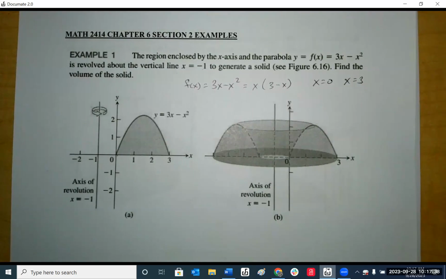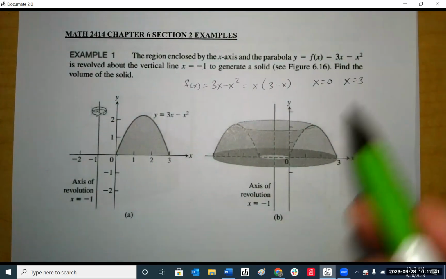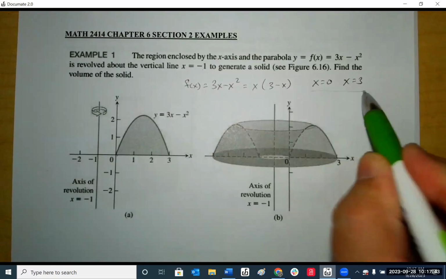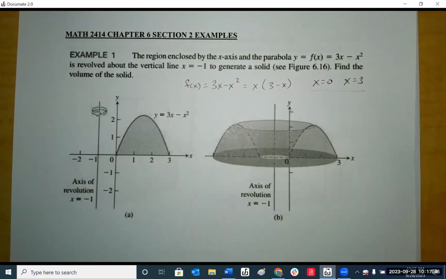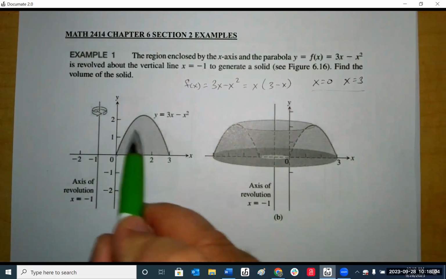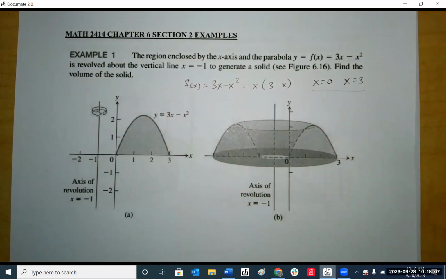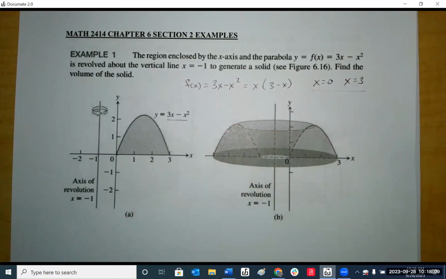So how do you think we'd go about doing it? We know the bounds of integration already, 0 to 3. What else do we need to know? Okay, how do we find the area? There's the area. But don't we need more?